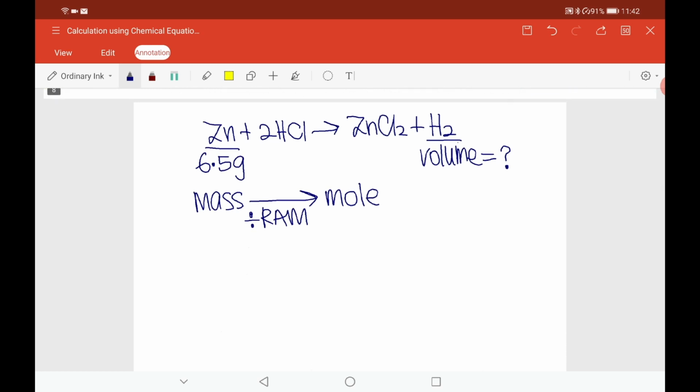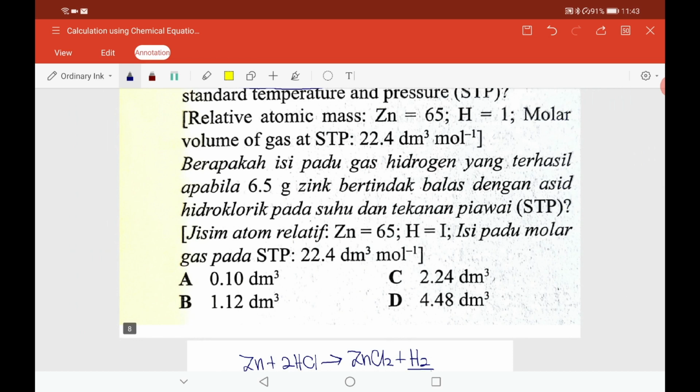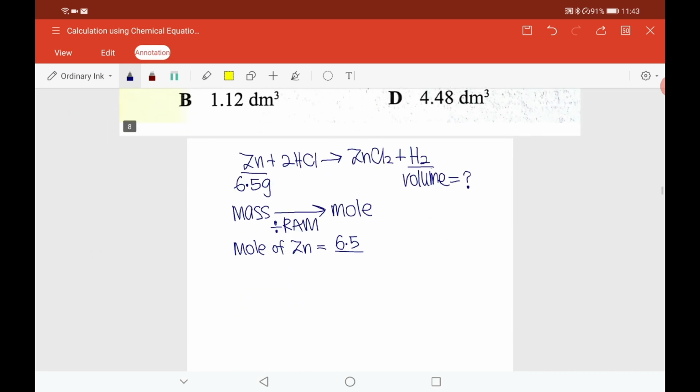So we take the mass 6.5 divided by the RAM. RAM for zinc is given here, 65. So 6.5 divided by 65, we will get 0.1 mole. So we found the mole for zinc already.